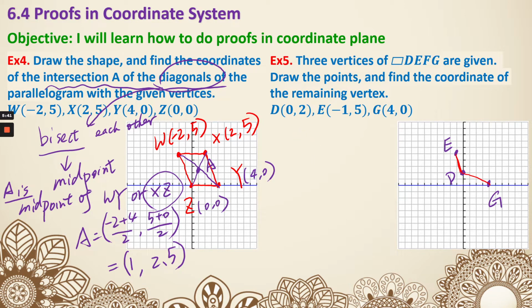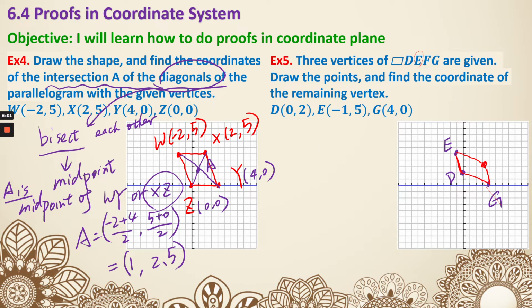Okay. Then you're going to see, wait, I need to find this F. Where is this F? Well, it's in order E, F, G. So F is going to be on the right side of E, G. So I'm going to tentatively put one somewhere so I can actually have a parallelogram I can look at.